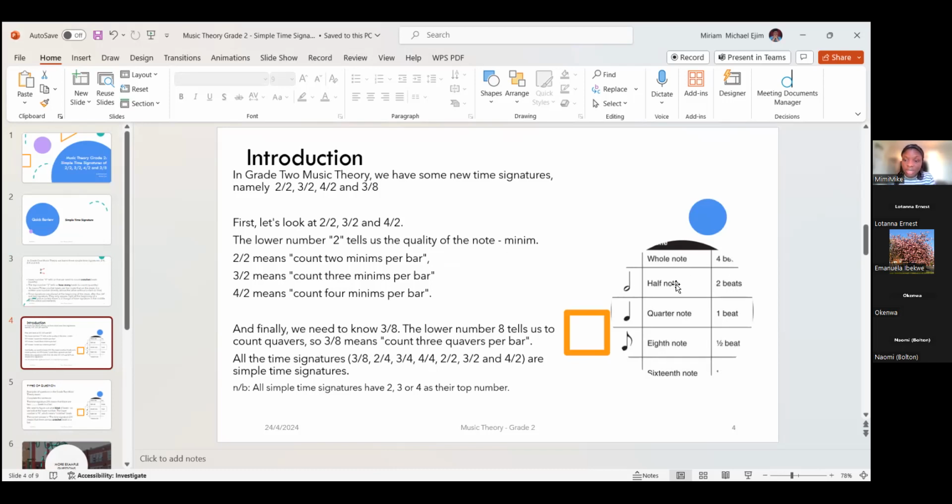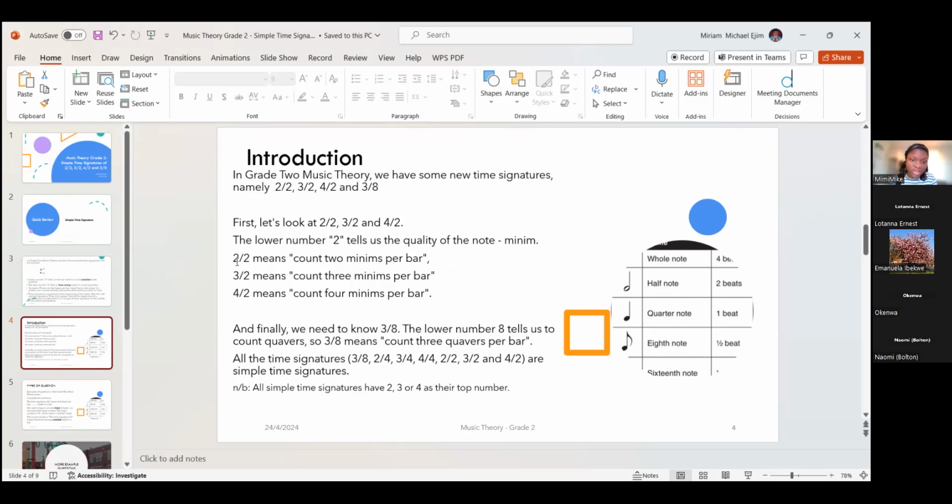As we can see, the 8th note, that's 1/8, is a quaver note. And that means 3/8 would mean 3 quaver beats per bar. This is just the theory part. When we go into the questions, we'll understand it better.